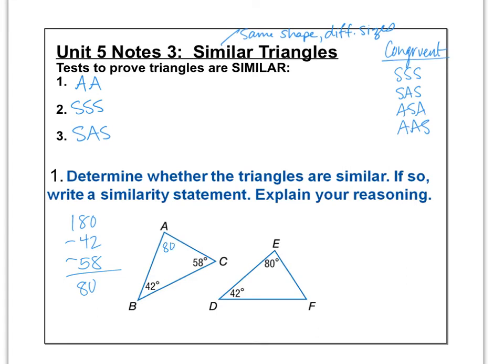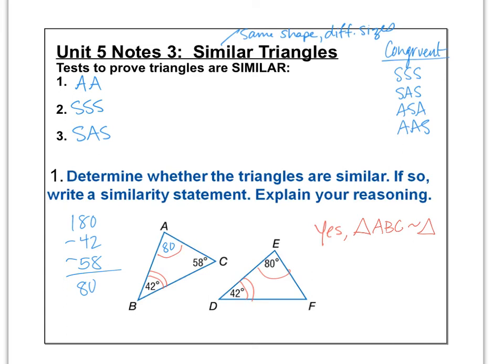As you can see, we have an 80-degree angle and an 80-degree angle, A and E. We also have a 42-degree angle and a 42-degree angle. So we have angle, angle: 2 angles that are congruent. That automatically makes these 2 triangles similar. So we would say yes, triangle ABC is similar to triangle, well, we have to match this up.